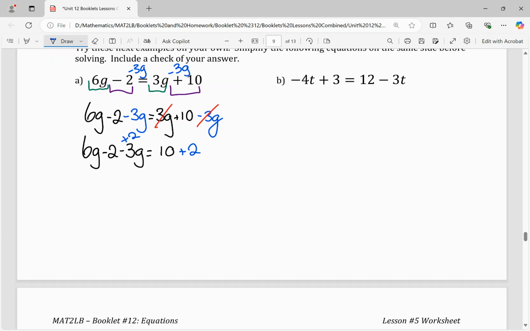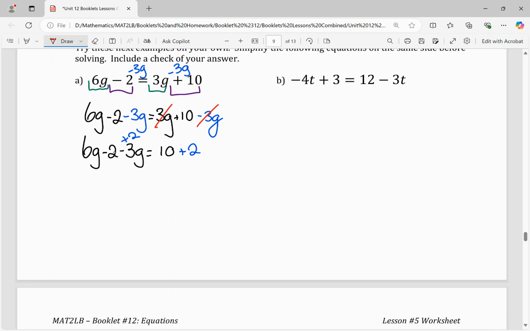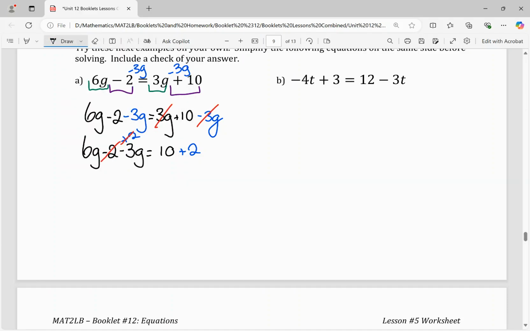So, in other words, negative 2 plus 2, those are going to cancel each other out, and I am going to be left with 6g minus 3g is equal to 10 plus 2.